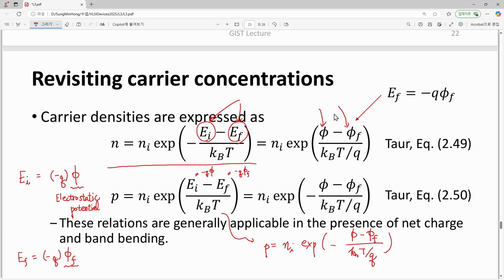Up to now everything is perfectly the same, but in the next slide we introduce a bold generalization. Here we have phi_f, which corresponds to the Fermi level. At equilibrium we can easily define the Fermi level without any difficulty.